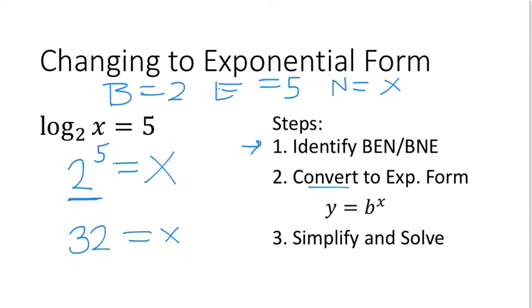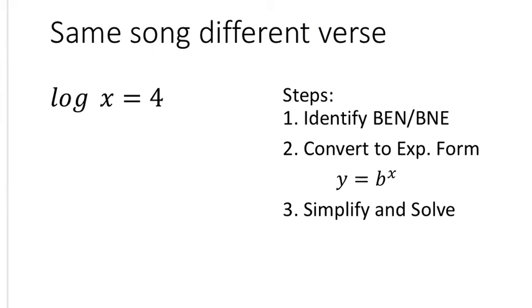If I write this as it was written before, log base 2 of 32 equals 5. And so I can convert from one form to the other. That's really all that we have to do in order to change to exponential form.